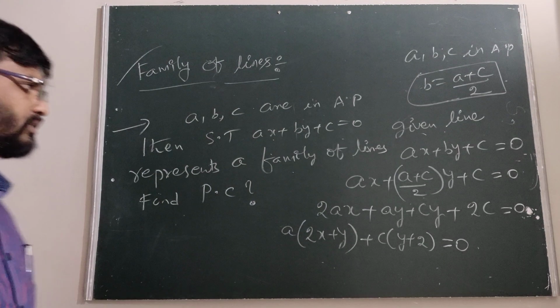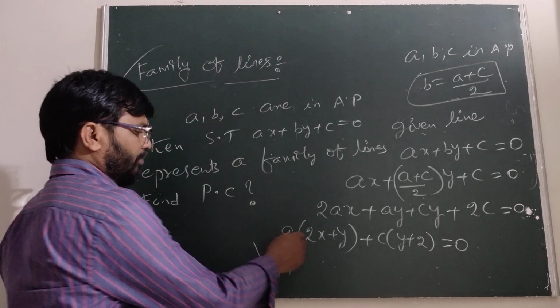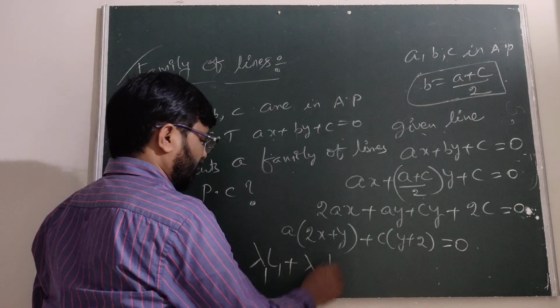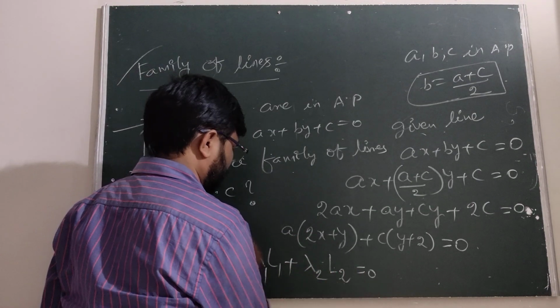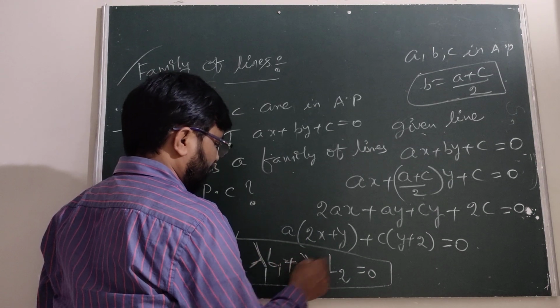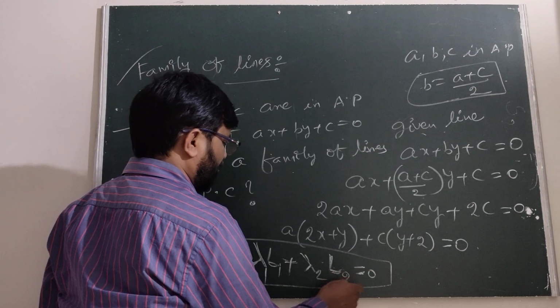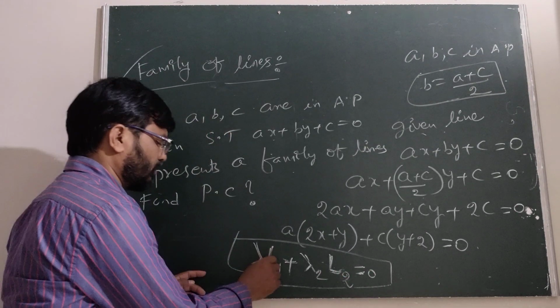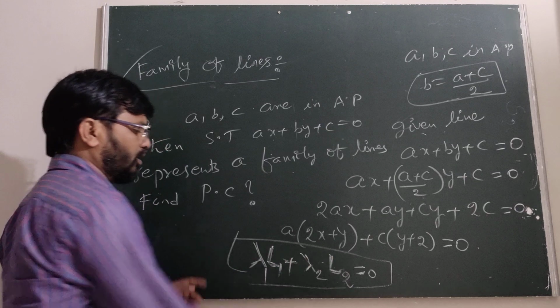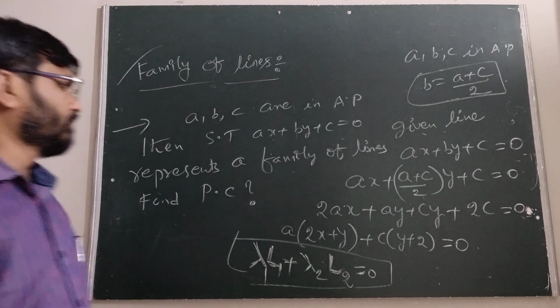How to compare this? This is lambda 1 L1 plus lambda 2 L2 equal to 0. We know that lambda 1 L1 plus lambda 2 L2 represents the family of lines which are passing through the point of intersection of L1 equal to 0 and L2 equal to 0.